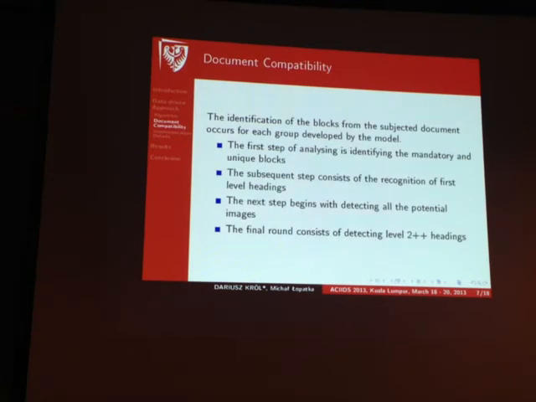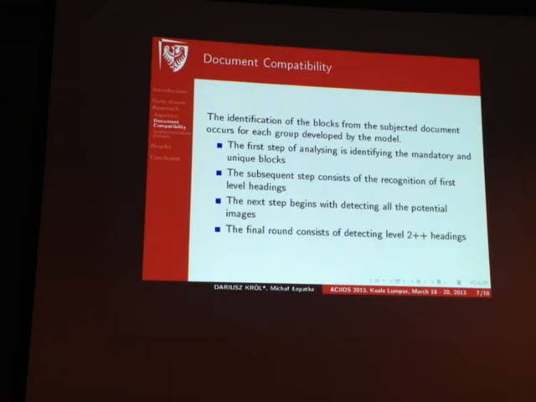The algorithm goes through some steps. The first step is identifying mandatory and unique blocks. In every paper we have mandatory elements like title, authors, abstract, and many chapter sections. But there are also some non-mandatory ones.